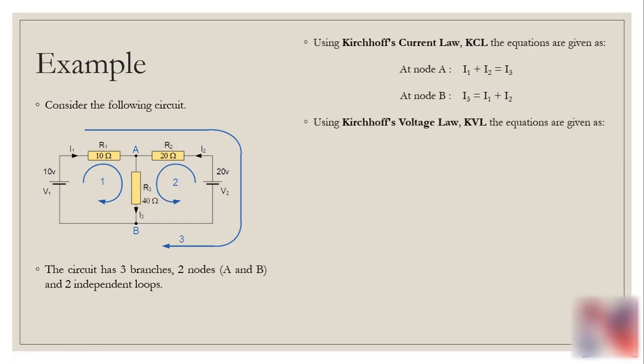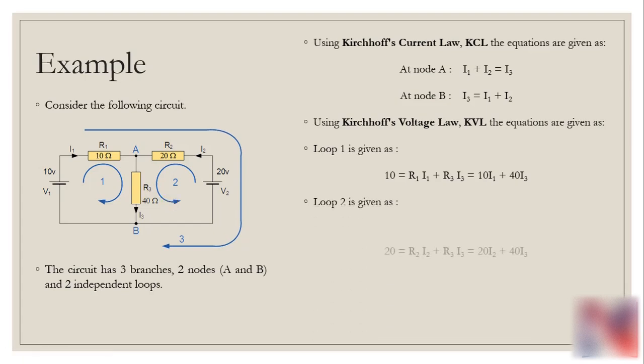Through the use of Kirchhoff's voltage law, KVL, we can find its equations as: for the first loop, 10 is equal to R1 I1 plus R3 I3, which is 10 I1 plus 40 I3. 10 is the value of R1 while 40 is the value of R3.